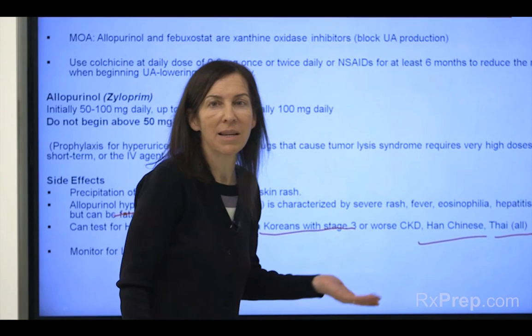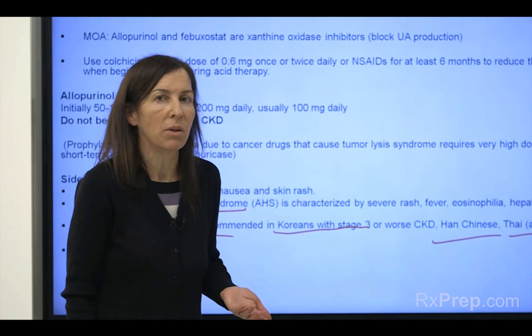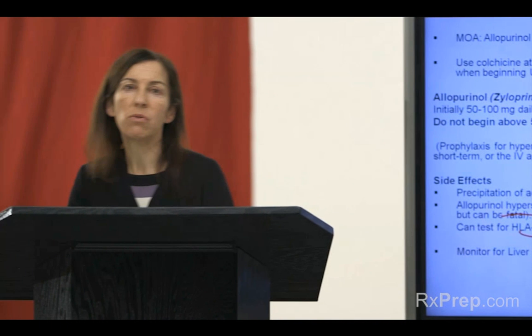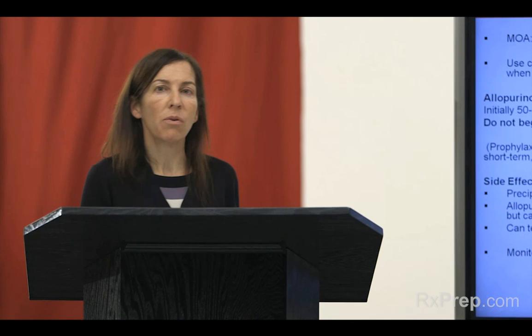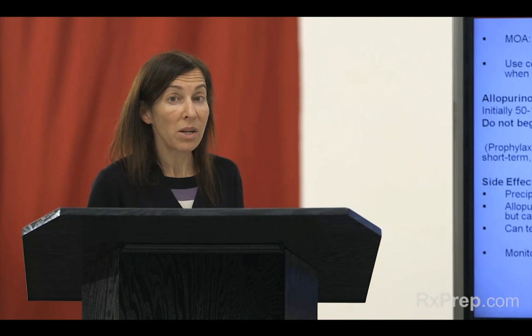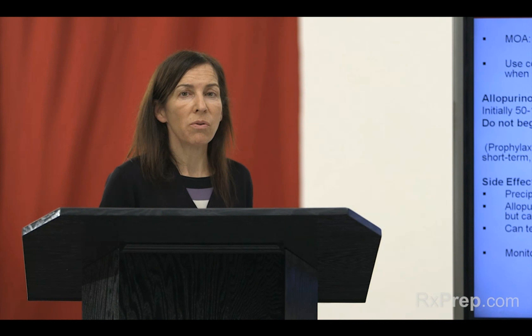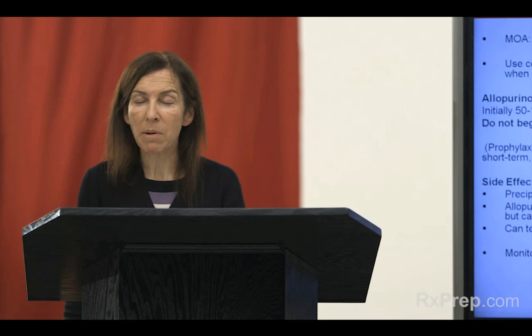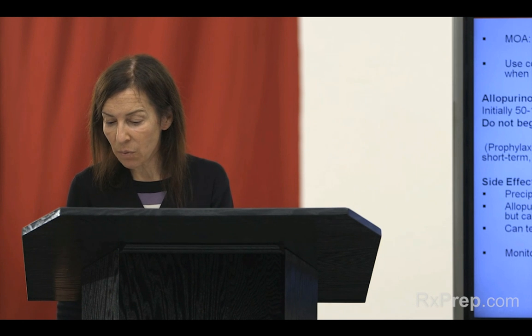Probenecid is actually sometimes used when you want to block renal clearance. Here, probenecid is increasing the renal clearance of uric acid, but probenecid is also used to block beta-lactam excretion. So you see that sometimes in weird conditions like neurosyphilis. Keep in mind that it requires adequate renal function, and you can't give it with concomitant aspirin therapy.